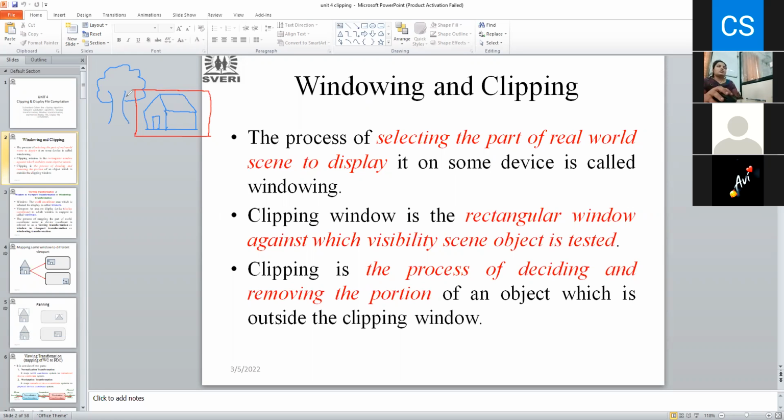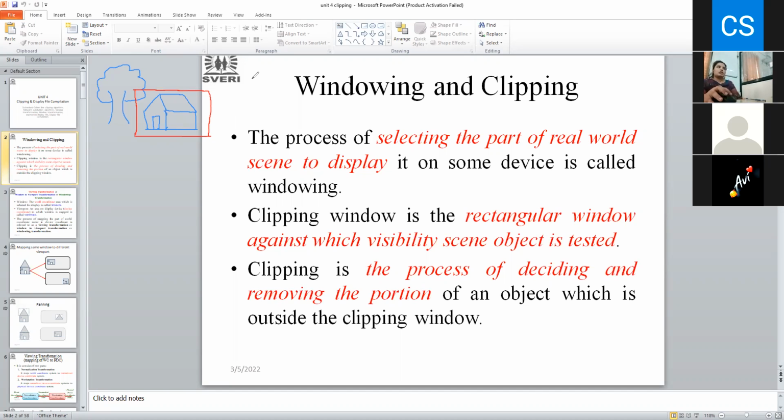So it is same as that of your real world picture. This whole scene is acting as the window for you. And viewport means a small portion of the window scene is captured and kept in the viewport. So your mobile screen will have only this portion out of the whole scene.